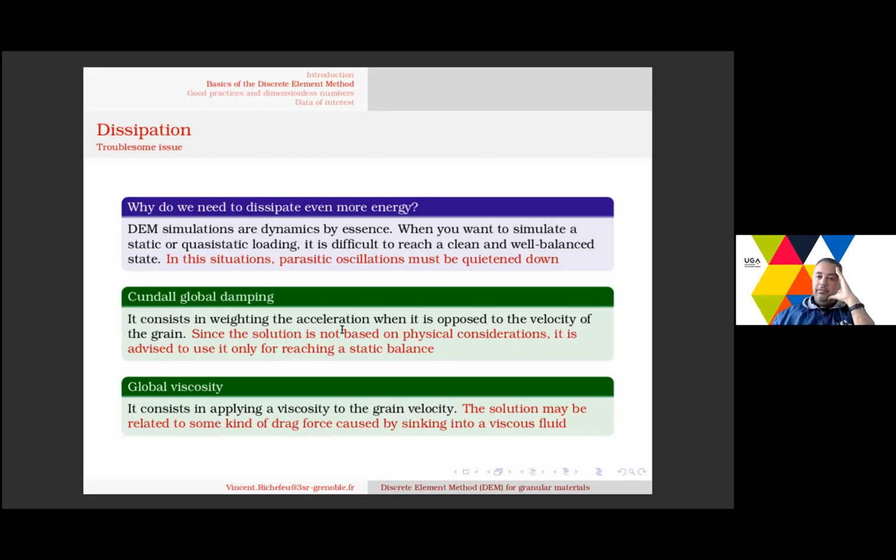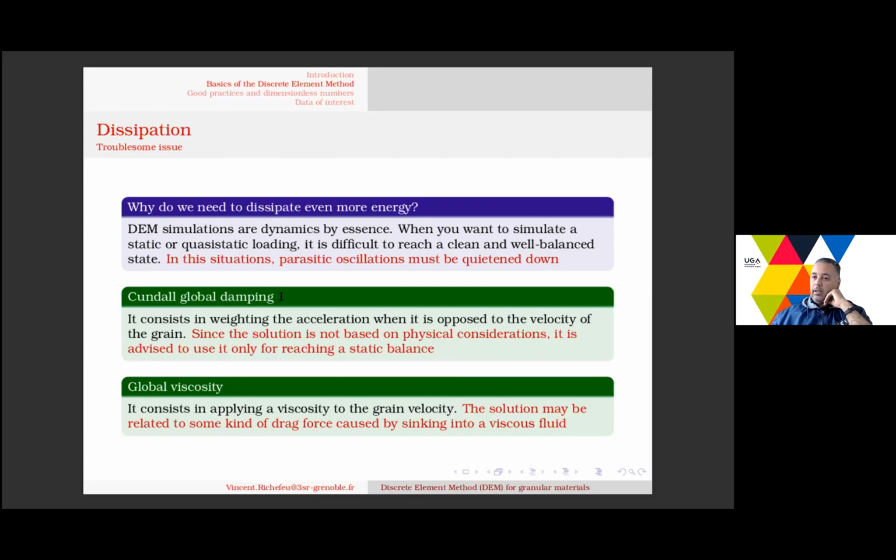In particular, if you want to obtain a static, well balanced condition, you will have the possibility to use a damping solution, which is named Cundall global damping. This solution is not physical.